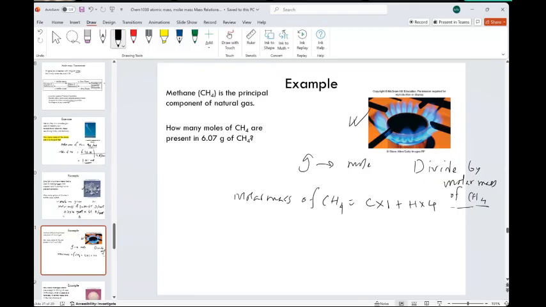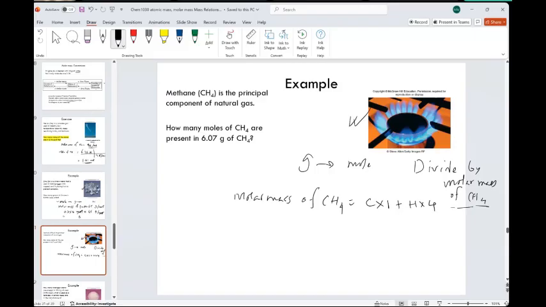Now it is not a singular element like zinc, helium that we can find from the periodic table directly. It is a compound of two different elements, more than one element. So compound molar mass you will not find directly from the periodic table. You need to set this calculation first, and then as we learned yesterday, plug in the value from the periodic table.